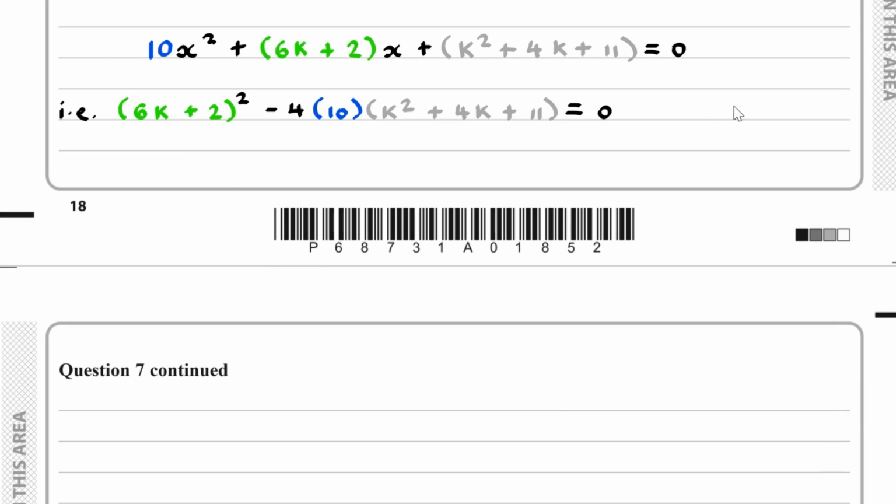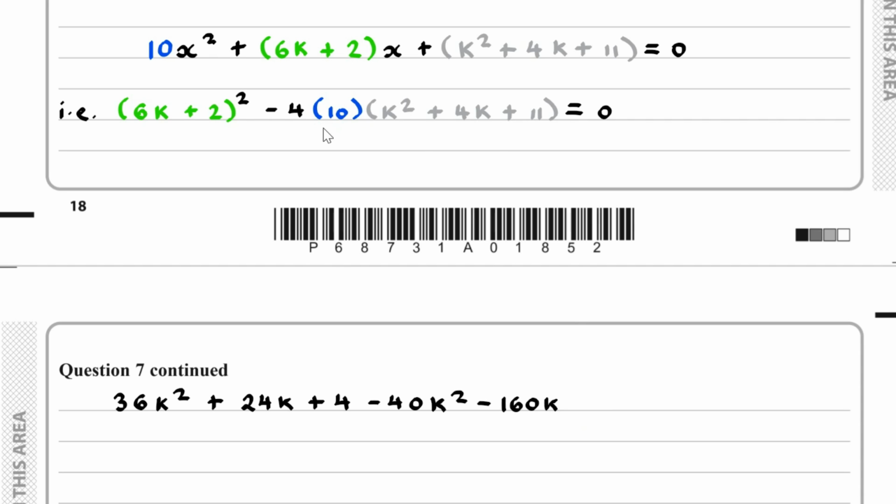We now need to expand and simplify. (6k plus 2) all squared, well, we have 36k squared plus 24k plus 4, minus 40k squared, minus, well, here we've got 4 times 10 times 4, so that's minus 160.